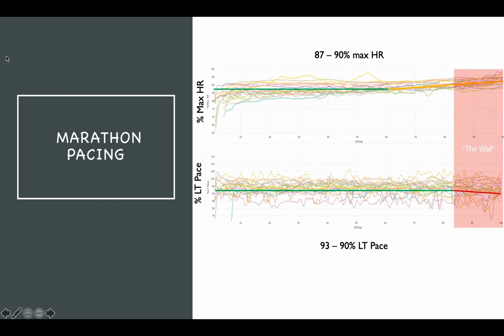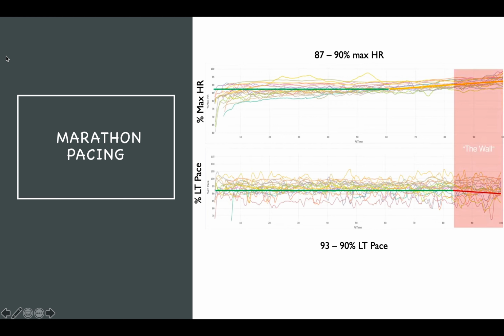So there's really two takeaways from that graph. One is that you can easily predict what your lactate threshold pace is. So in terms of a good scientific estimate, it would be a pace that you could hold in a race situation for approximately 60 minutes.